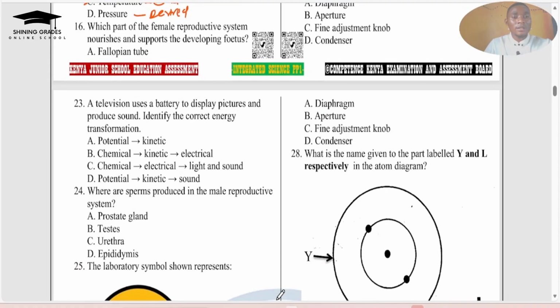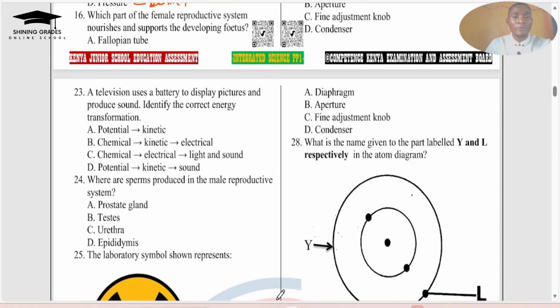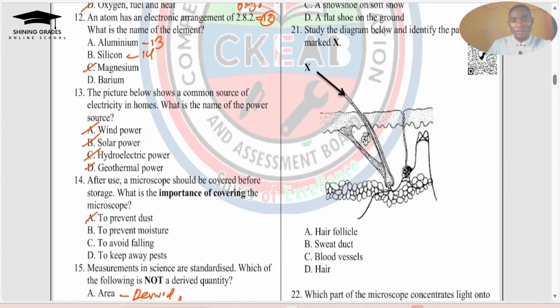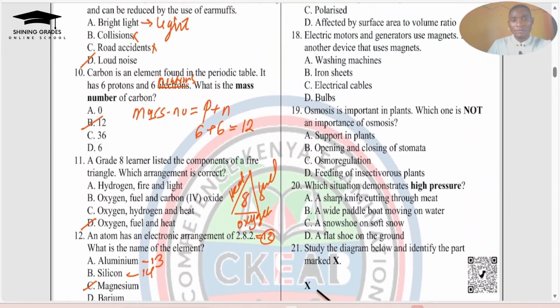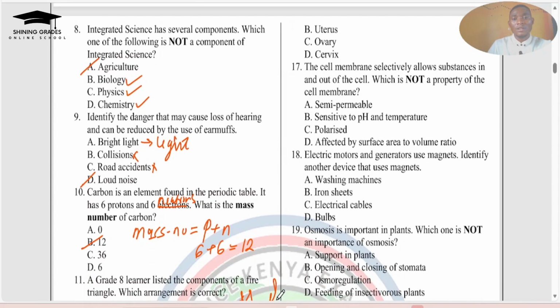Which part of the female reproductive system nourishes and supports the development of the fetus? We have the fallopian tube, we also have the uterus, and ovary and also cervix.